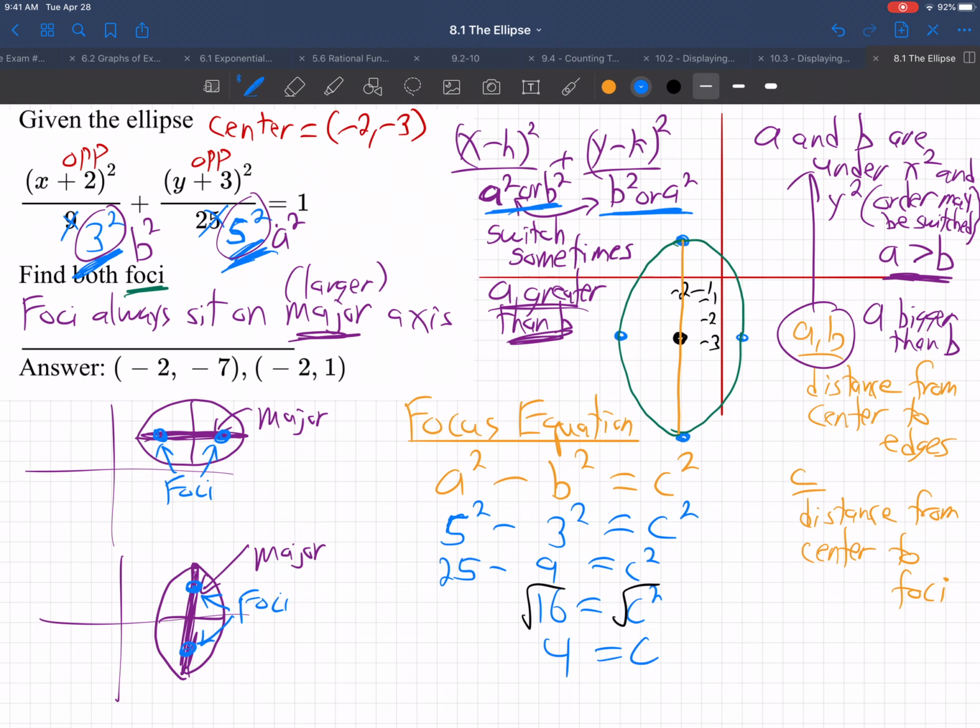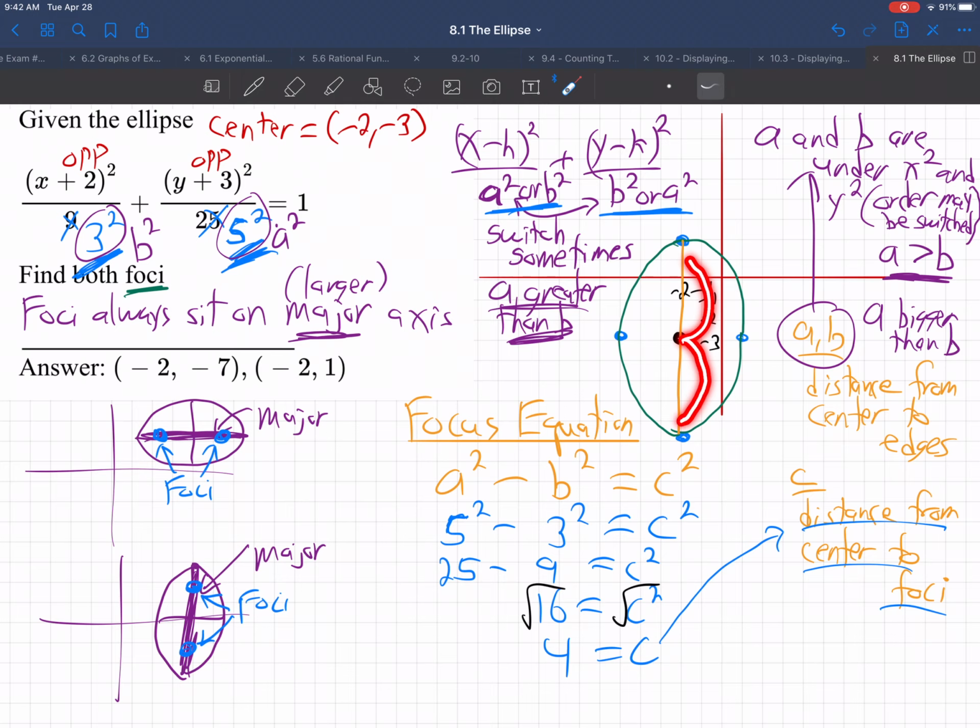Now what is c? Distance from the center to the focus. So 4 is how far from the center to the focus. So here's the center. 1, 2, 3, 4. And other way, 1, 2, 3, 4. Does that make sense? It's 4 this way and 4 that way from the center to the focus.